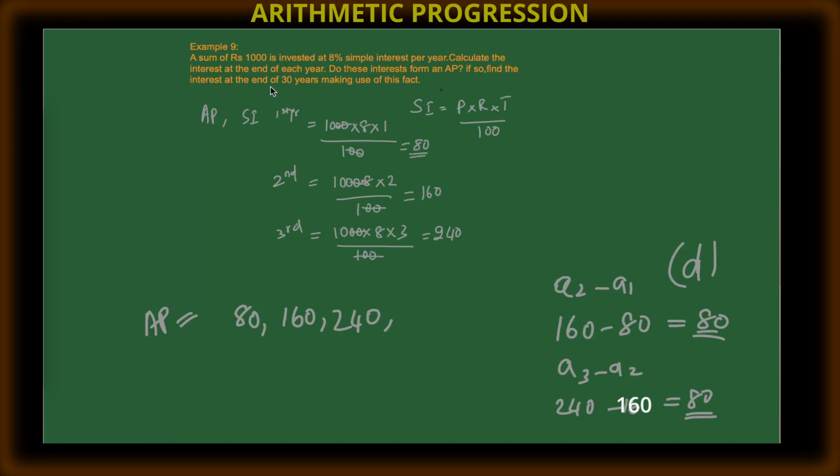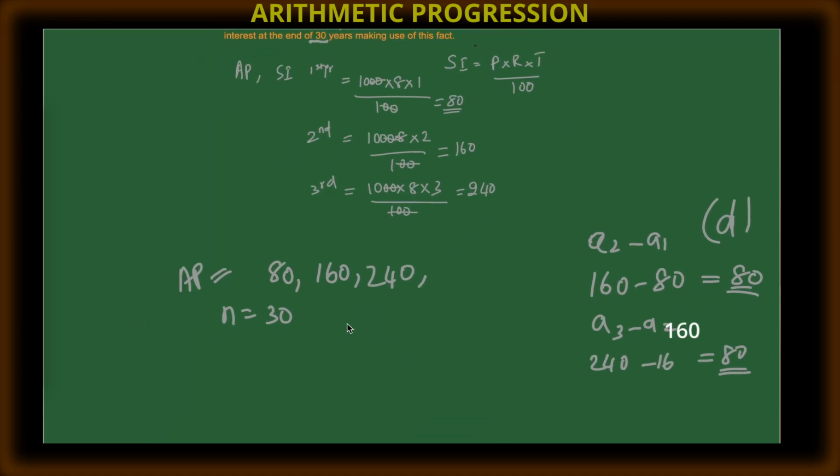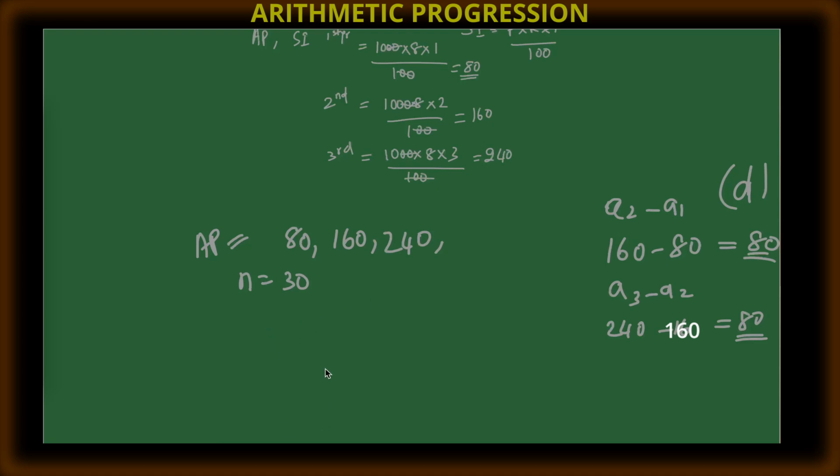Now let's understand the other part of the question. Find the interest at the end of 30 years making use of this fact. So it is saying that the nth term here is 30. We have a formula: a_n is equal to a plus (n minus 1) into d.